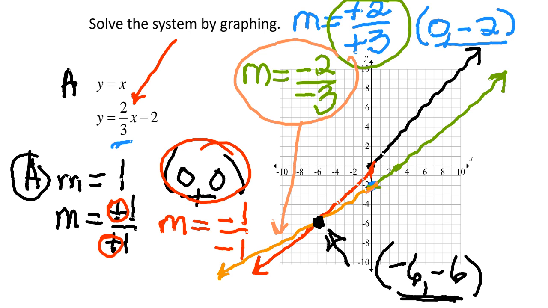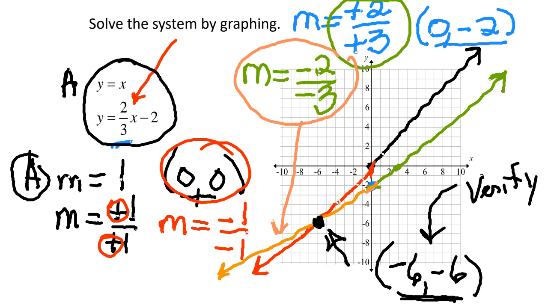And remember, I can verify this. And that's what you're going to do, or try to do, by using these 2 equations. You're going to put negative 6 in for x, and you are going to put a negative 6 in for y. We're going to verify. Remember what we did? And negative 6 and negative 6 will make both equations true.